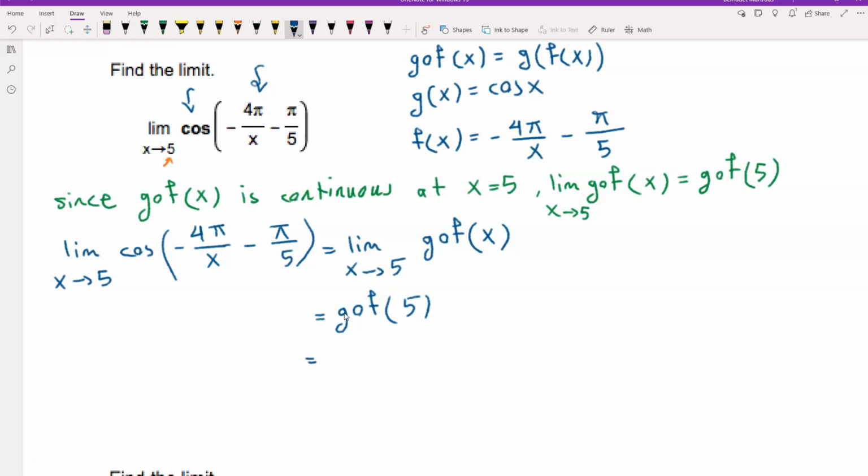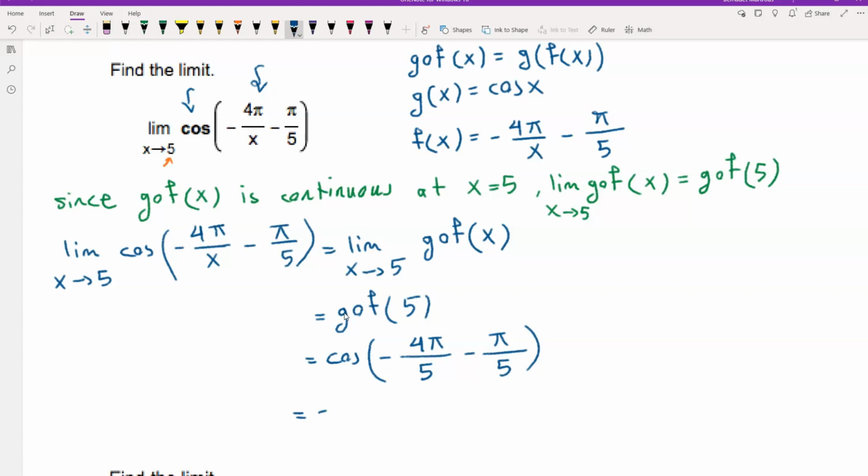So that is equal to cosine of (negative 4 pi divided by, instead of x, now we use 5, minus pi divided by 5).